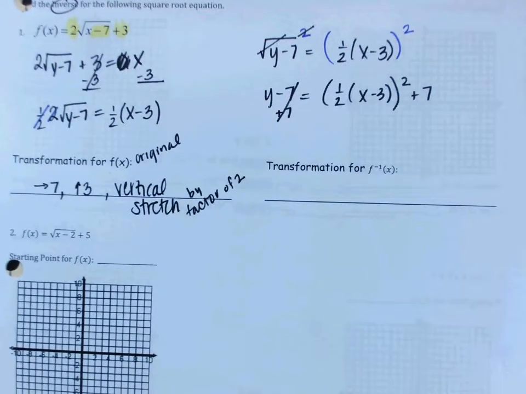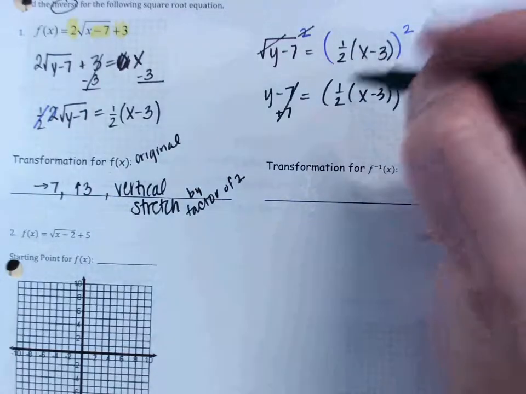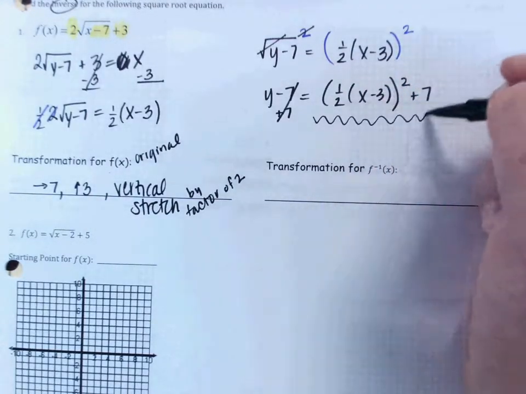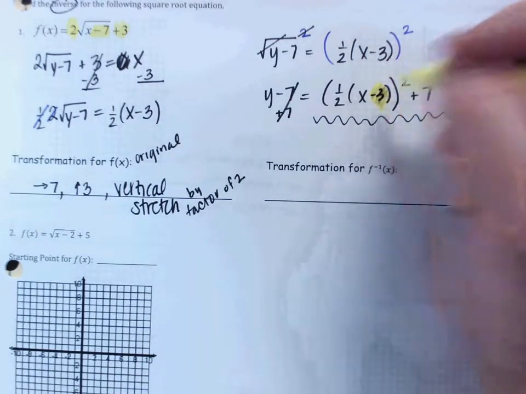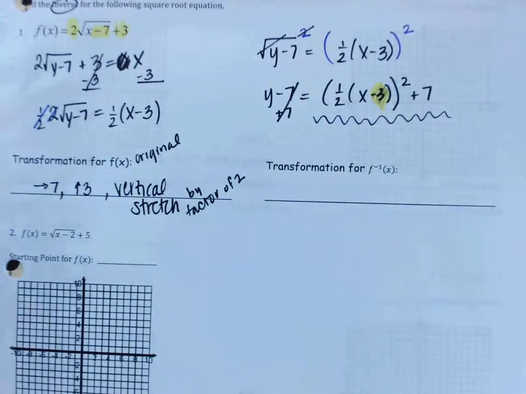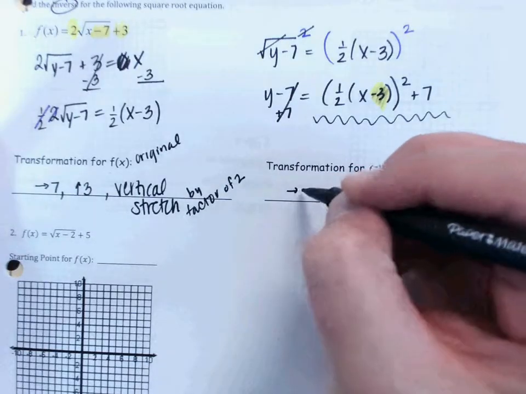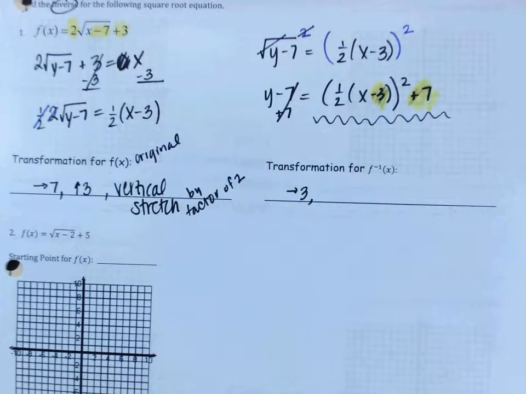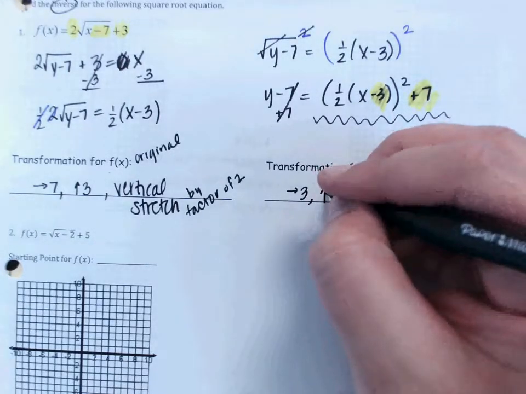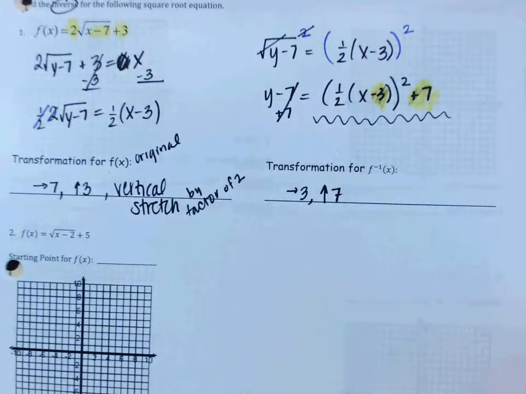Okay? So, let's take a look at the second one now. We're looking at this right here. If I have a minus 3 in the middle, that's a shift in which direction? To the right 3. Plus 7 is up 7. Now be very careful. Here's the difference.